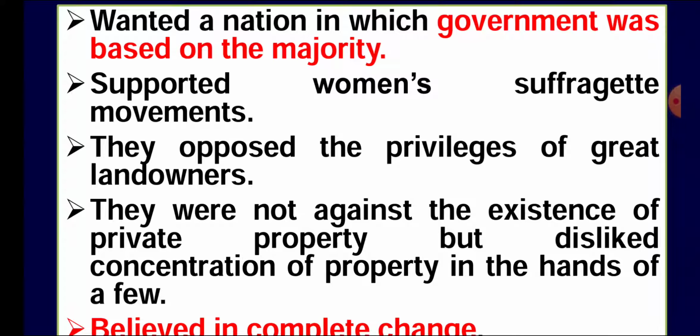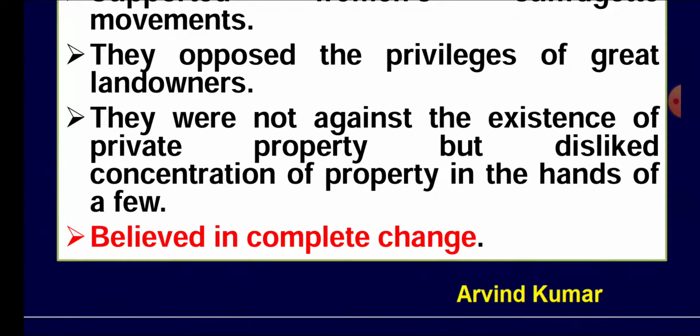They were against private property in few hands. Meanwhile, in simple terms, they believed in complete change. I hope this radical terminology is clear, let's recapitulate. Radical refers to people who believed in complete change in Russia.